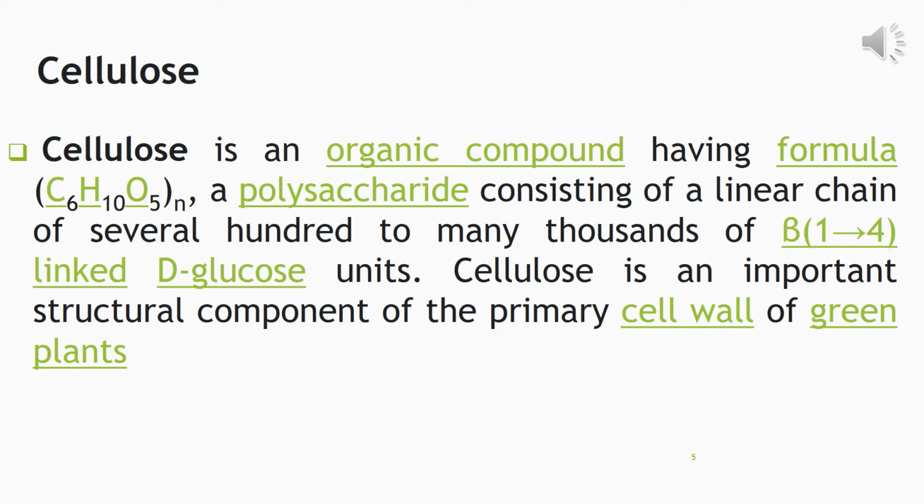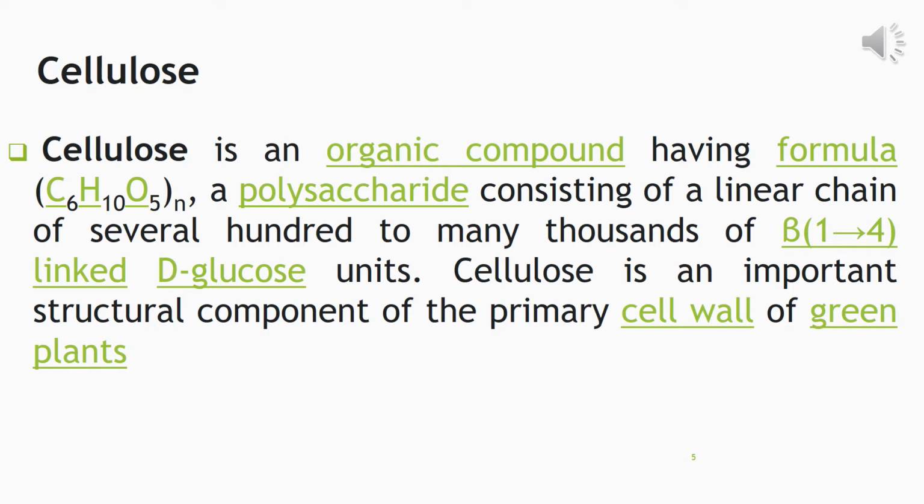A polysaccharide is basically a carbohydrate that is made up of sugar monomers. Cellulose is a polysaccharide consisting of a linear chain of several hundred to many thousands of beta 1,4 linked D-glucose units.